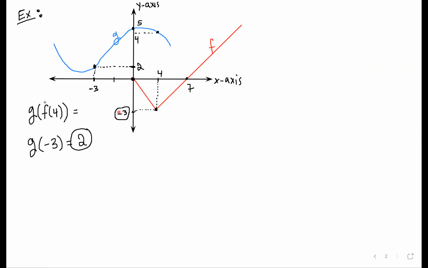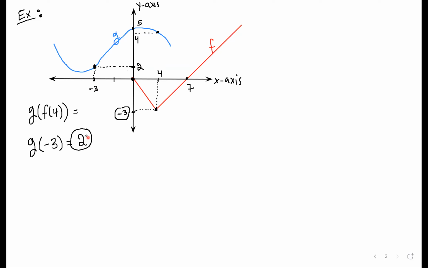You plug it in instead. So I get now g of minus 3. You go to the minus 3, and you find the y value for the g function, the blue function. The y value means the y in the y-axis. So at minus 3, the y value for the g function is minus 2, or 2 I mean. So the answer is 2.